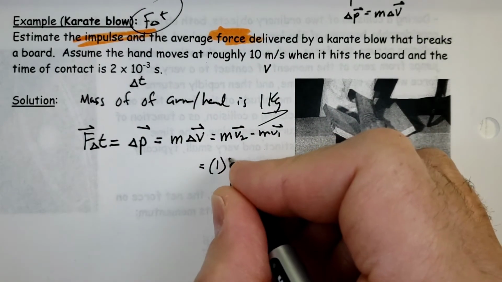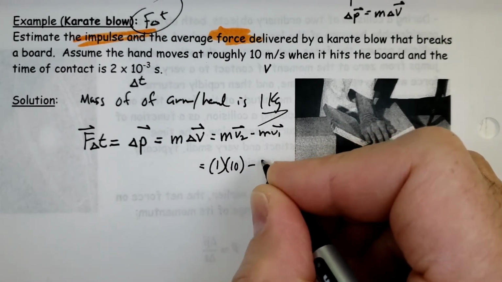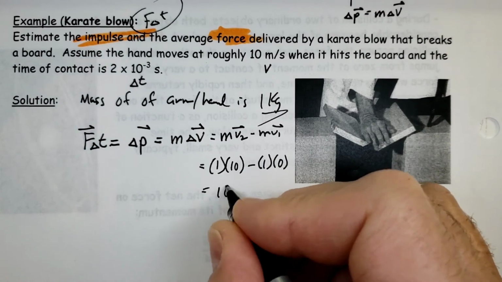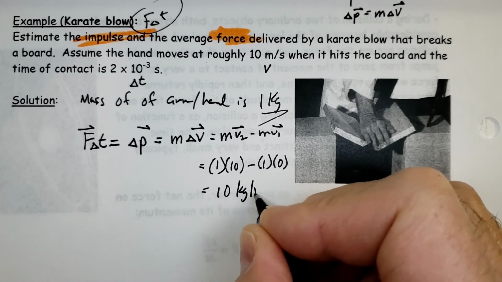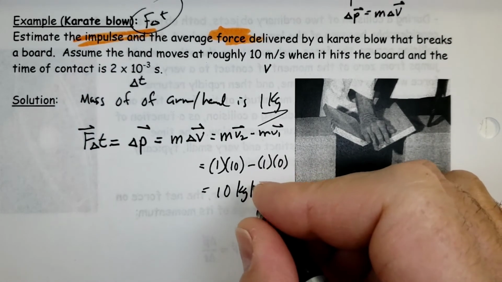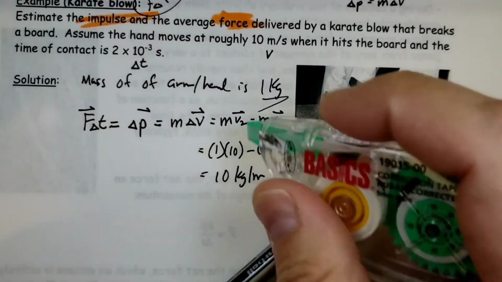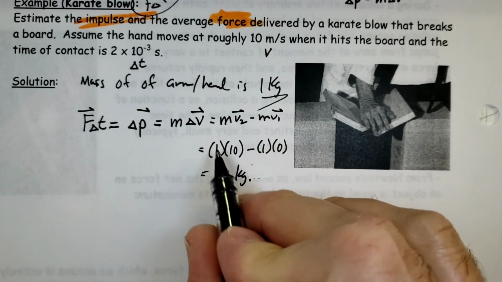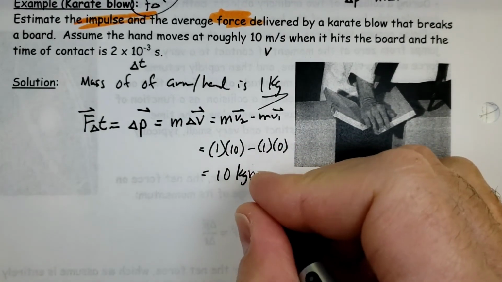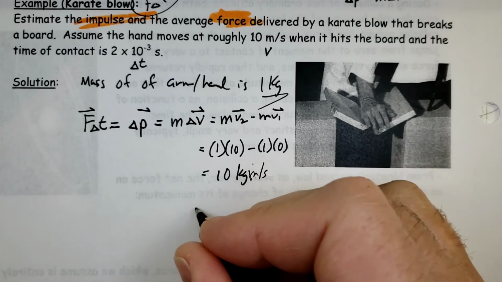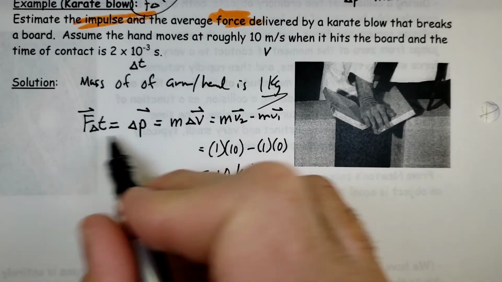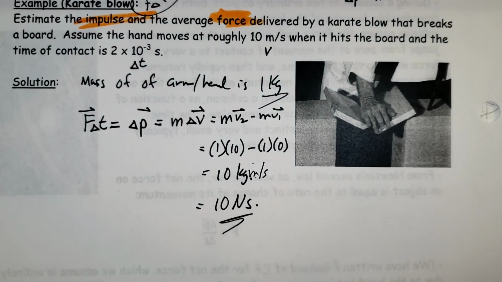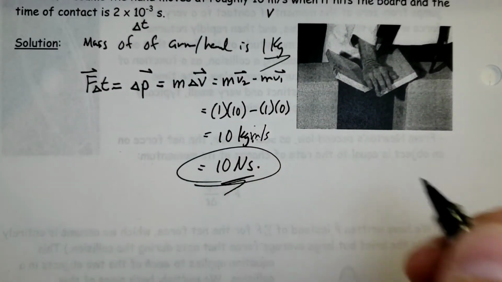So the mass is 1, times 10 minus 1 times 0, which is 10 kilogram meters per second. That is equal to newton seconds. Kind of a weird unit, but that is the unit for impulse.